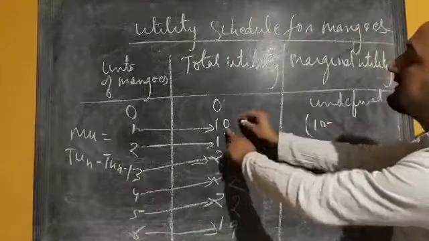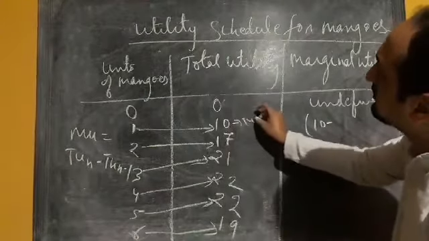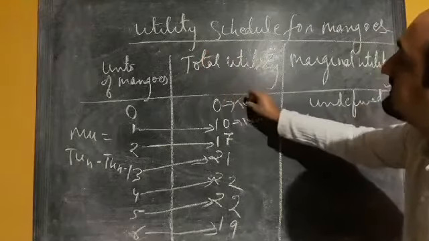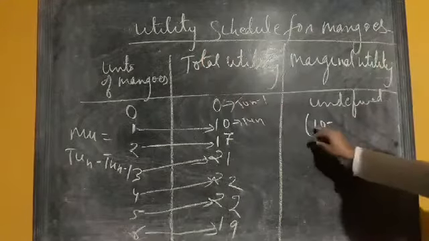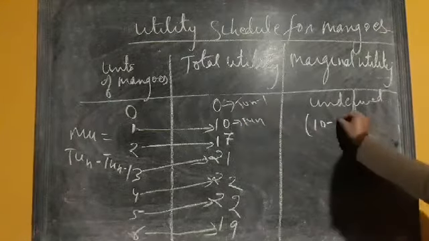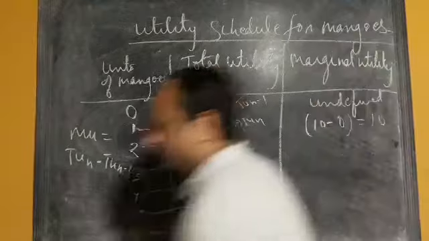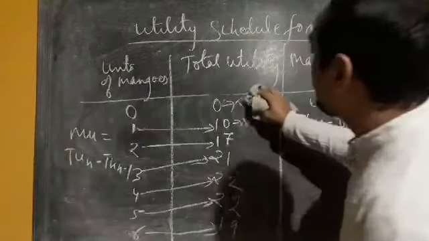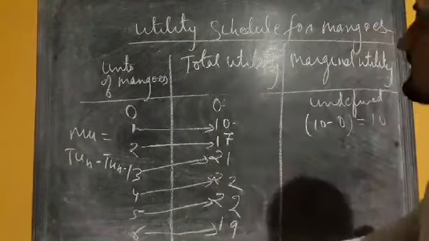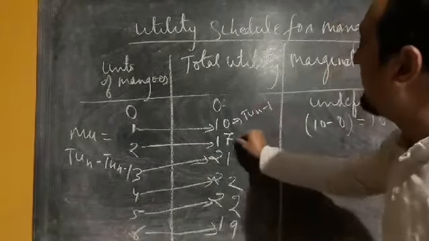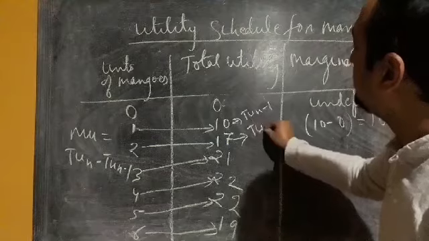Now for the first unit, I'll get 10 minus 0. This is your TUn, and this one is the previous commodity, so this can be considered as TUn minus 1. So 10 minus 0 will get 10. Similarly, for the next unit we will move down. As we move down, this will become our TUn minus 1, and this one will be TUn.